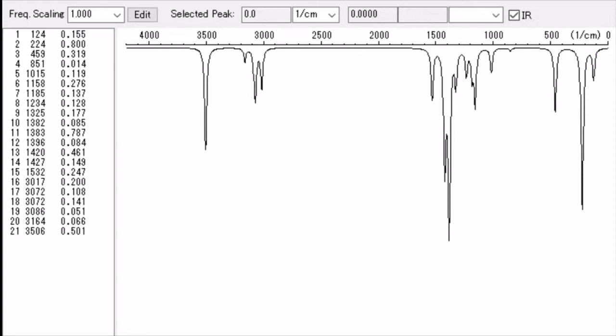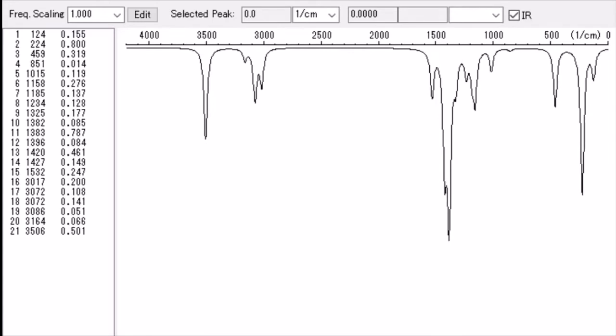The spectrum of ethanol, and we shall see some of the vibrations in ethanol. Since this is a simulated spectrum, we don't actually get this broad peak here, because in experimental spectra there will be more hydrogen bonding. That hydrogen bonding leads to the broadening of the peak.